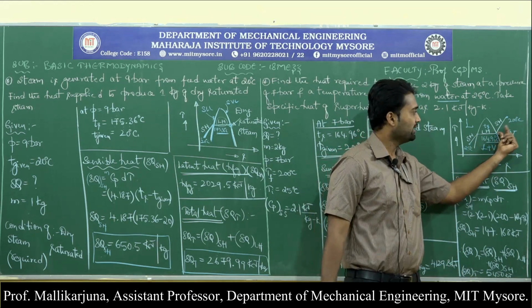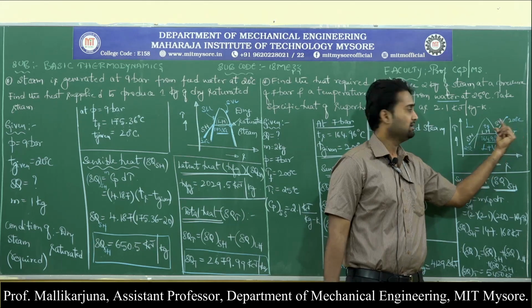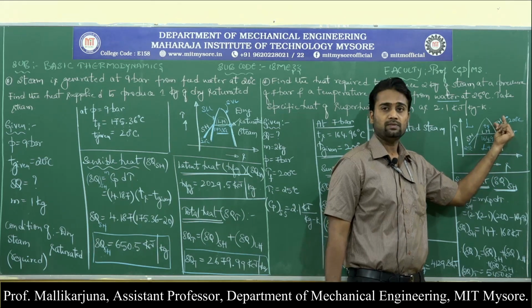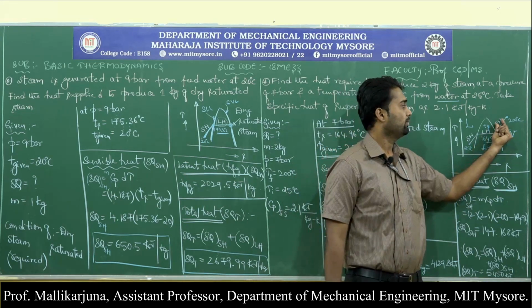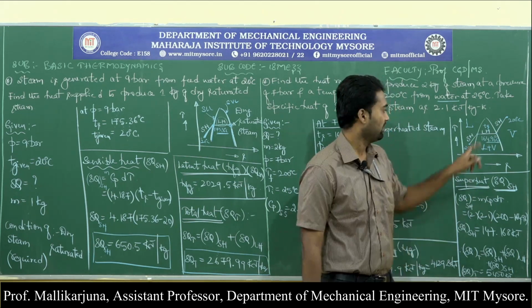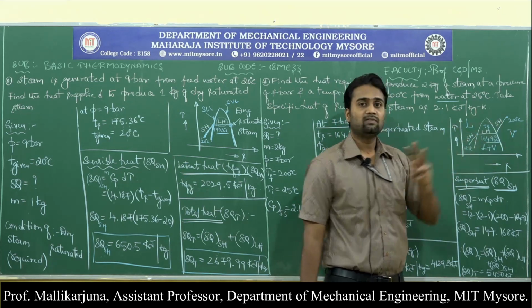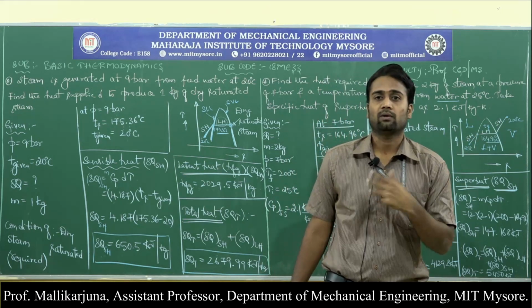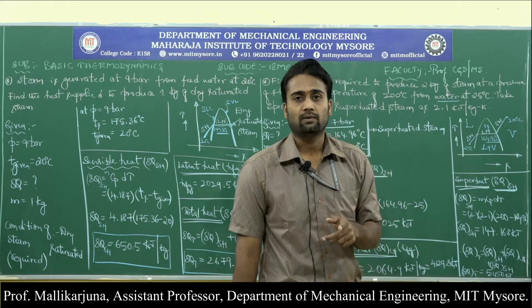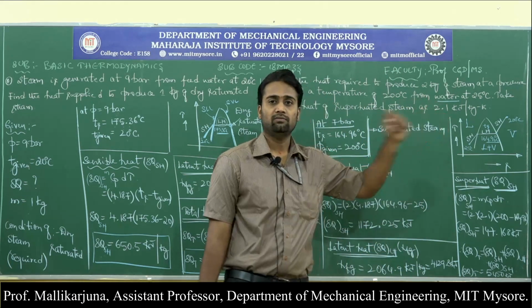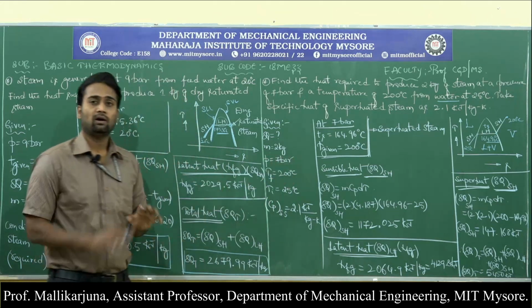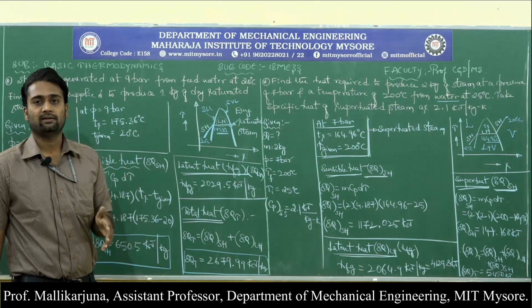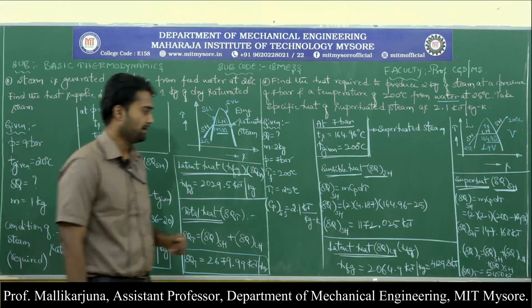From this dry saturated state to superheated state is nothing but the superheat. This superheat is also one kind of sensible heat. So this superheat needs to be calculated. 1, 2, 3, three different types of heat need to be calculated in order to reach the final condition they have mentioned. So now we need to look for all those three types of heat that need to be supplied.